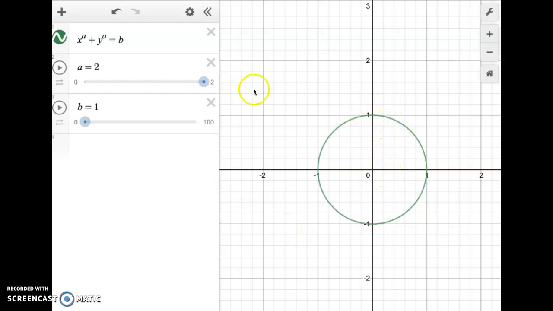So what it really looks like is happening is that these, I'm going to continue to call them arcs, are just approaching this, I guess, quarter of the circle that we're trying to create. So you see here that we go from just having a quarter of the circle to having the entire circle.